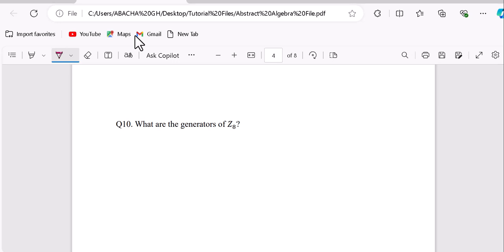So Z8 has elements 0, 1, 2, 3, 4, 5, 6, 7, that's all. The element 8 itself is not part.